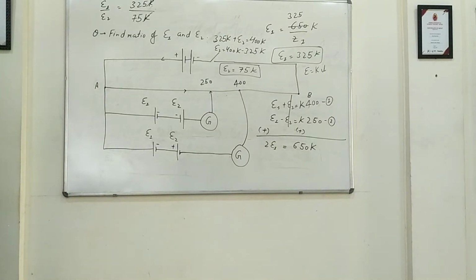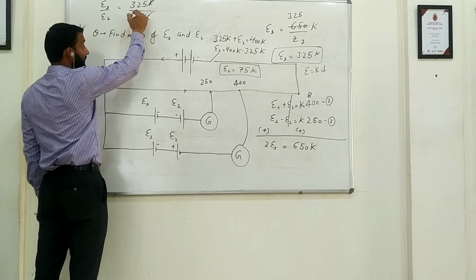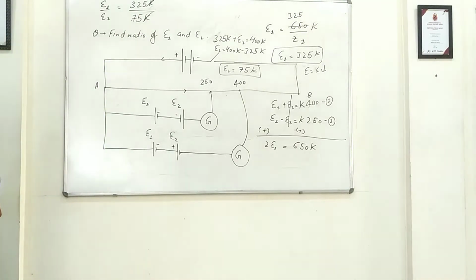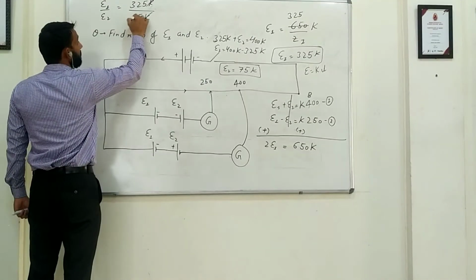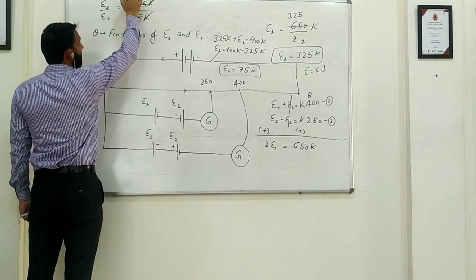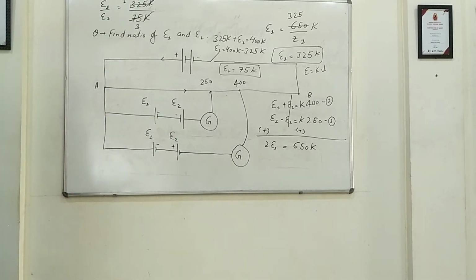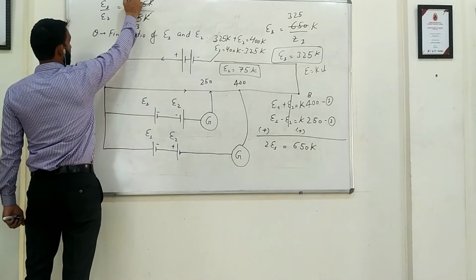Now you have to solve this. So what will it be? 25, 3. 25 times 13 is 325.